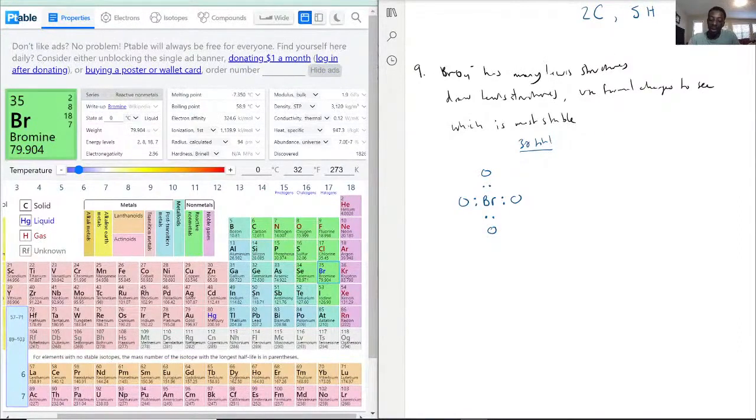We start with 1 already shared with the bromine, so it's 2, 3, 4, 5, 6. Same thing here: 2, 3, 4, 5, 6. 2, 3, 4, 5, 6. 2, 3, 4, 5, 6. And now we have that extra electron, which is added here on this oxygen.